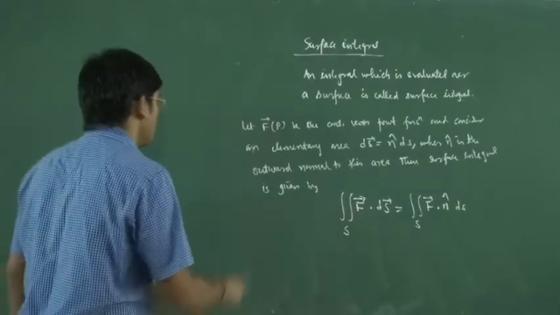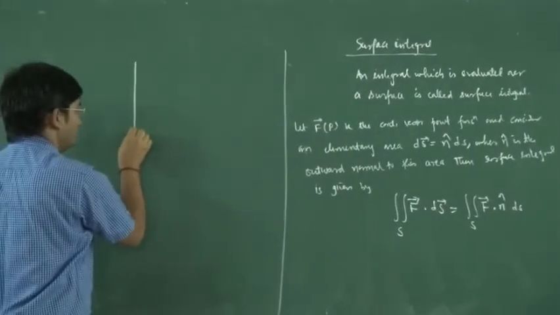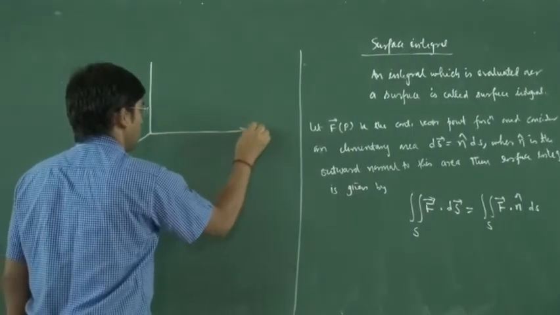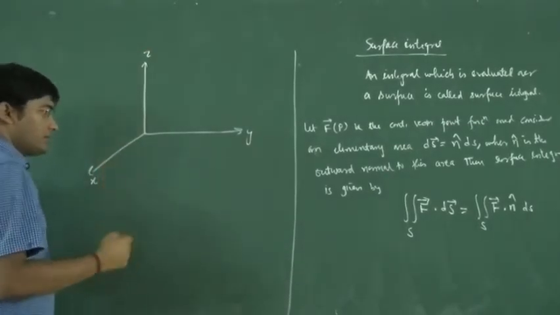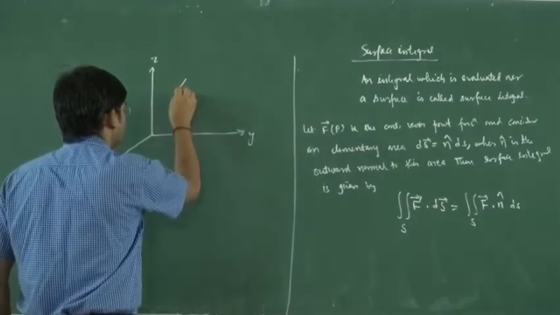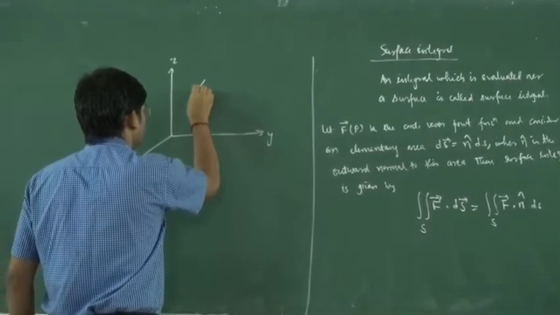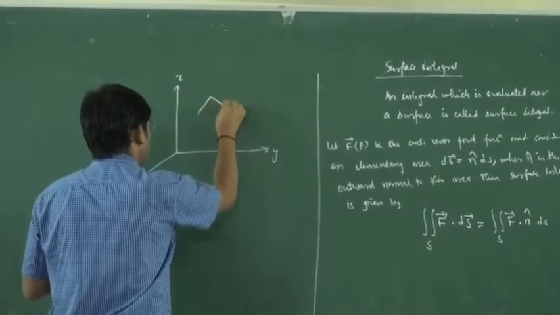Now, say this is your x-axis, this is your y-axis, and say this is your z-axis, and let us draw this elementary area.